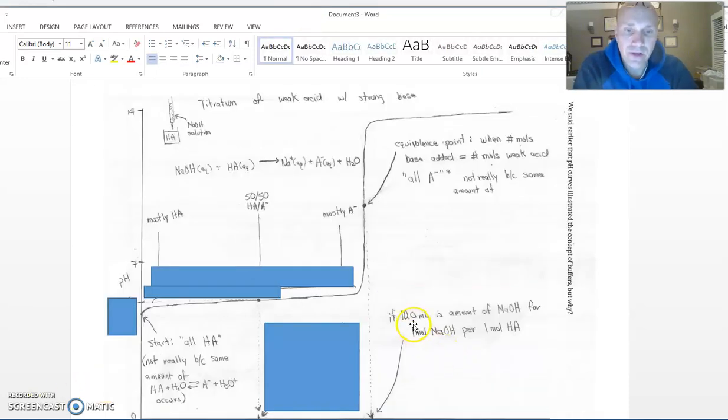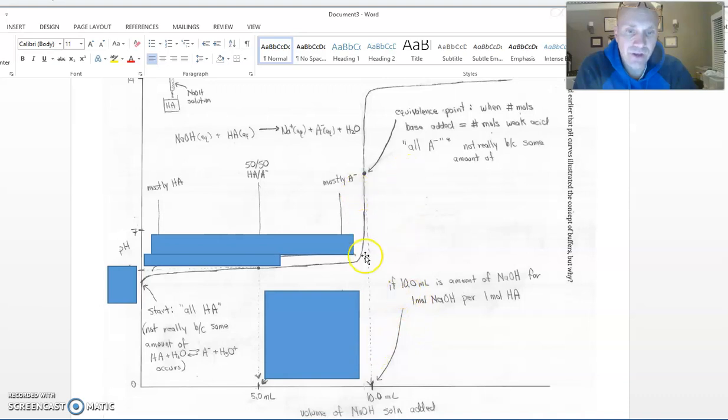So if by this graph we could figure out that we needed to add 10 milliliters of the base, that's the amount of sodium hydroxide for 1 mole of NaOH to have been added per 1 mole of HA. So this is the amount required for a 1-to-1 ratio.